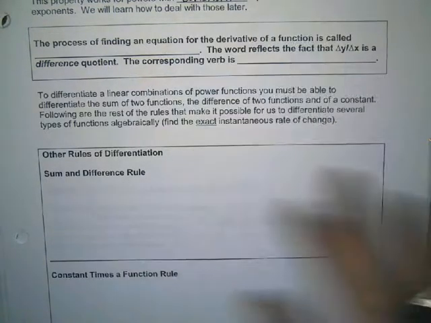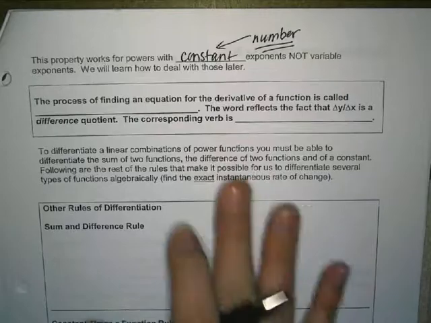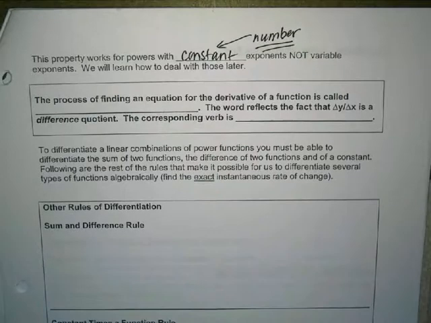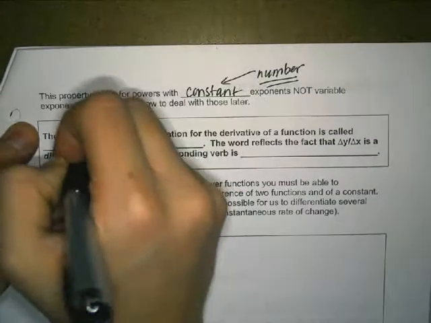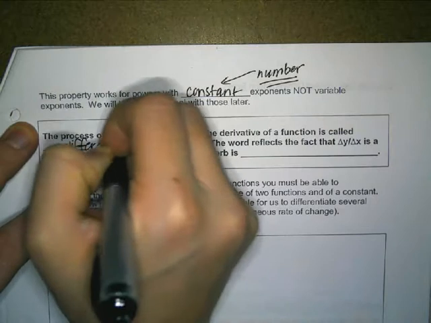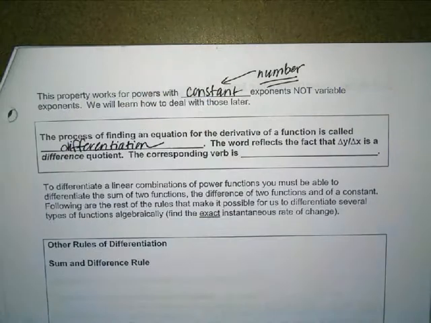All right, so the process of finding an equation for the derivative of a function is called differentiation. The word reflects the fact that change in y over change in x is a difference quotient.